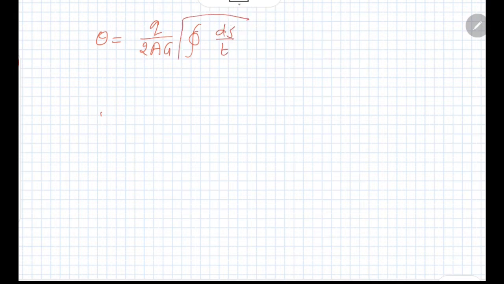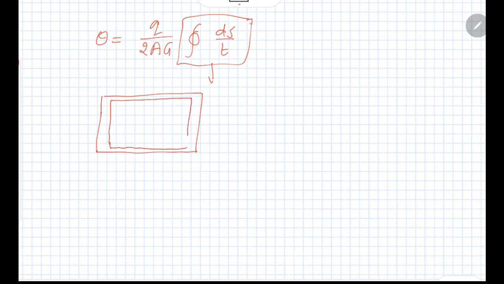Let's have more discussion on how to compute this integral for some common sections. So let's consider a case where you have a rectangular box cross section having different thicknesses, just to make the problem more interesting.